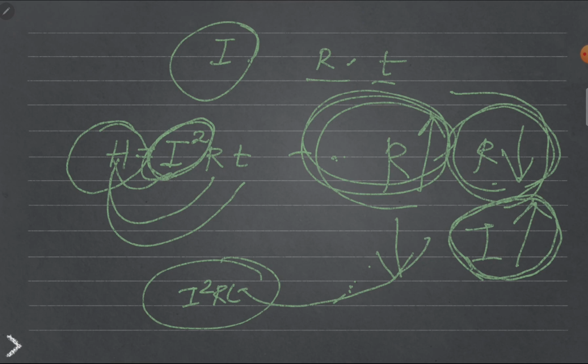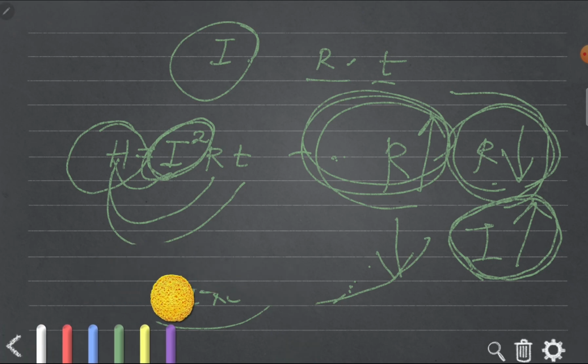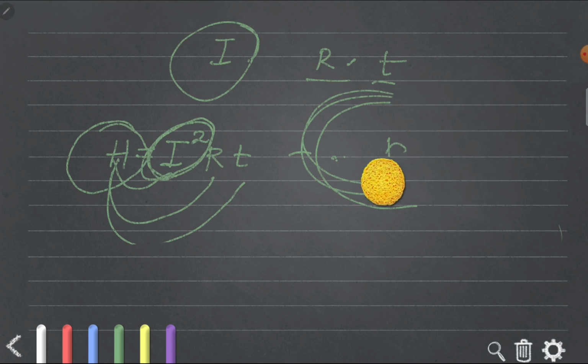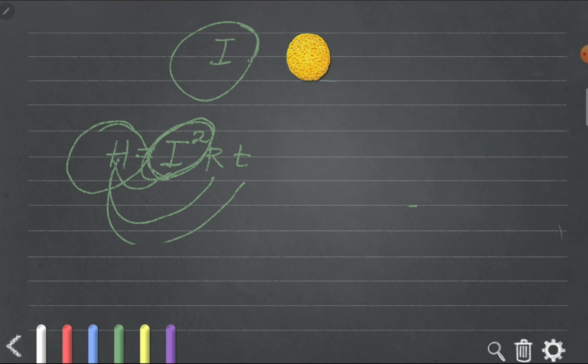Okay. Keep in mind that for these two heaters, the voltage remains the same. And if voltage remains the same, you can consider them as two heaters connected in parallel.